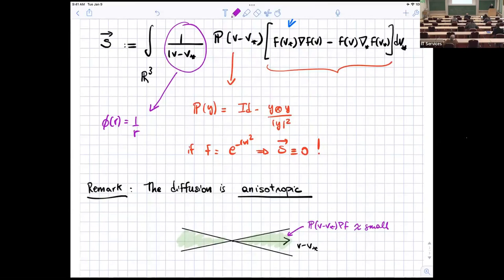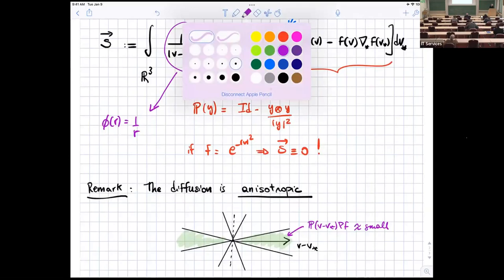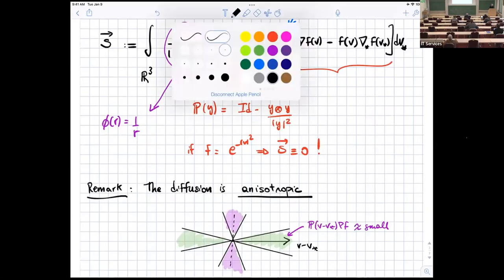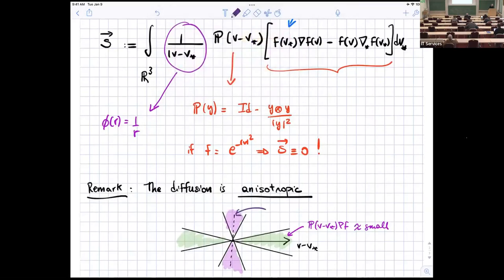On the other hand, if we look at the orthogonal direction, and the gradient of f belongs to that cone, then P gradient f, P acts almost like the identity matrix.